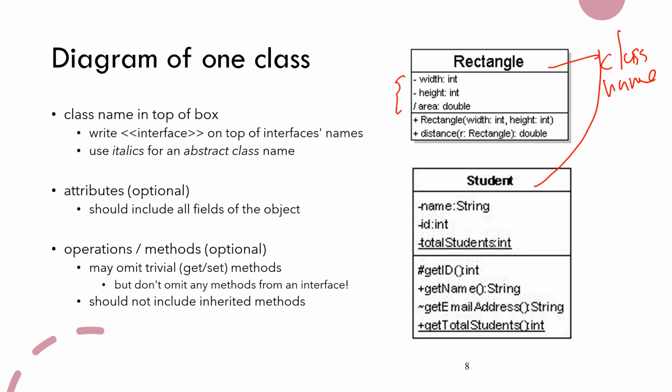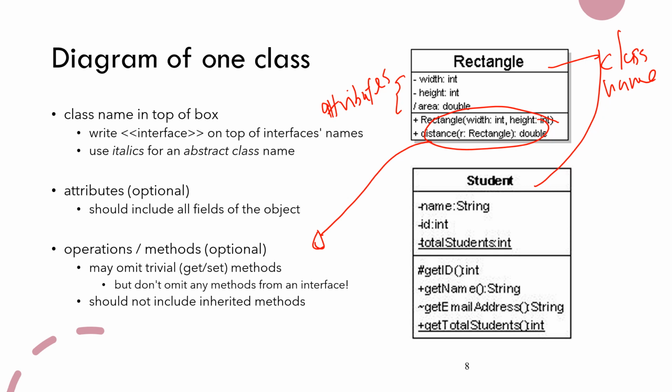So again the same like ER. We have the attributes, and extra, this is the method or operation. So for example, this is a class Rectangle.